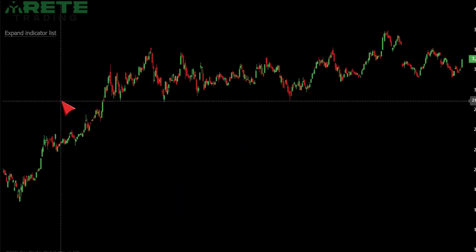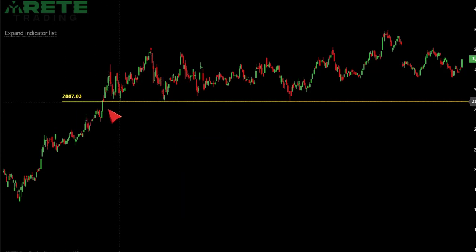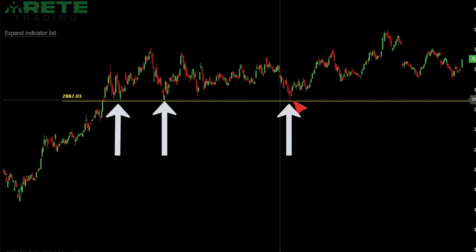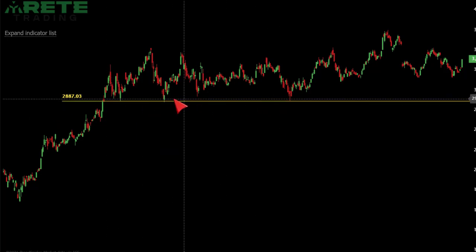We've stopped here twice, and here, and here, and here. So now you have a basis for where the support line is, because I have more than 1, 2, 3, in some cases 4. So now we can understand where that support line would be.